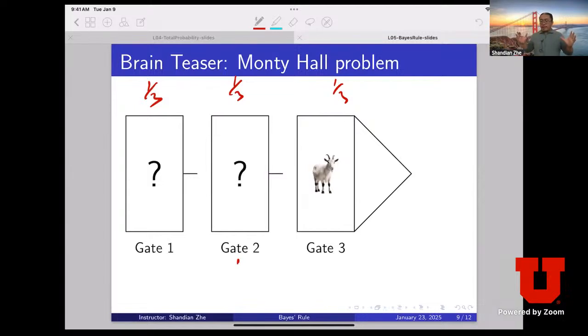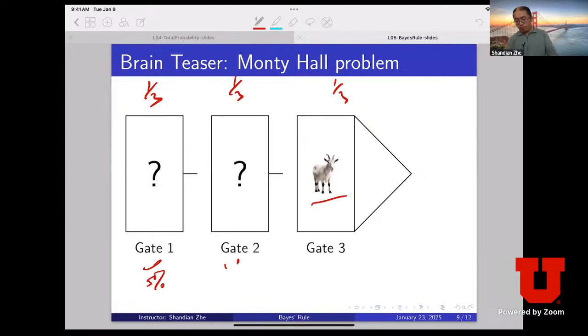And then the key is that when the host opens a gate and you see the goat, will this chance change? A common misunderstanding is: because I still see a goat, I still don't know whether the car is behind gate 1 or gate 2, so nothing changes.